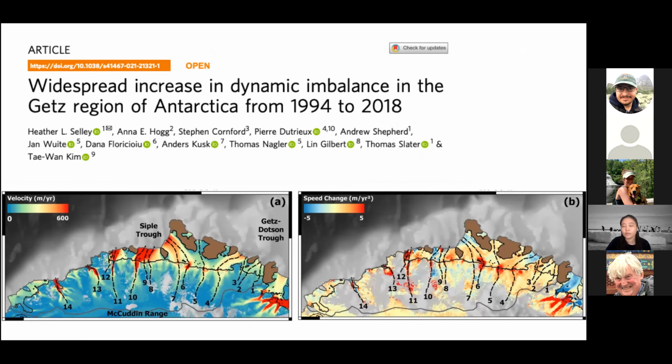Last month, another paper just came out demonstrating that a number of glaciers in the region have sped up coincident with the regions of high subglacial water fluxes, which again points out the importance of the subglacial hydrological system to the stability of ice shelves.